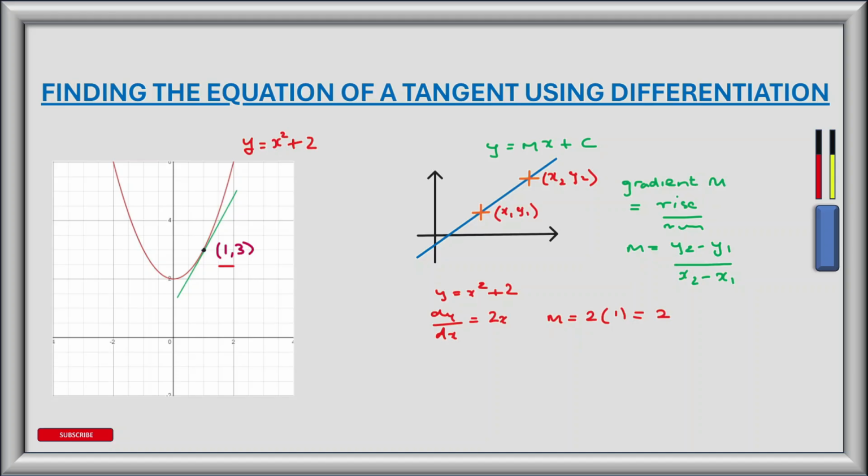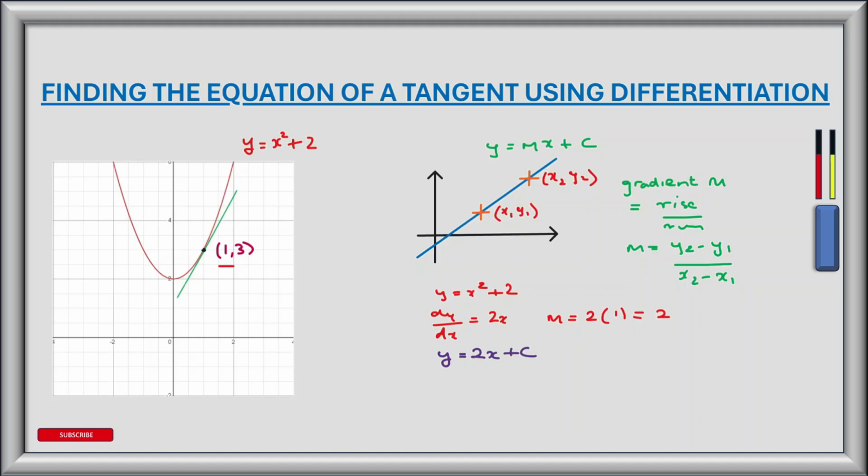We can plug this information into our equation y is equal to mx plus c. So y is equal to m, which is the gradient, which we know is 2, multiplied by x plus a constant c. We also know an x and y coordinate of this line as it touches the curve y is equal to x squared plus 2 at the point (1, 3). So x is 1 and y is 3.